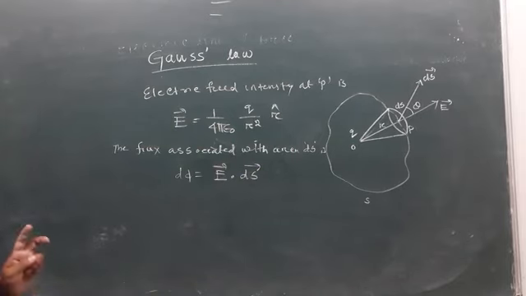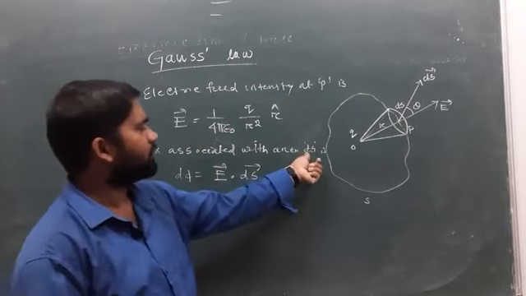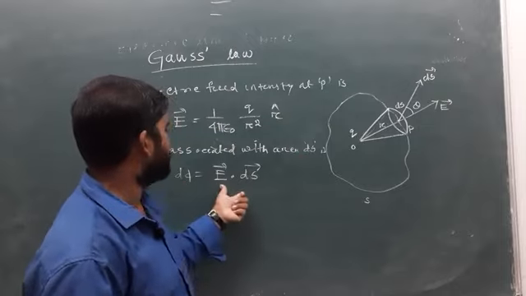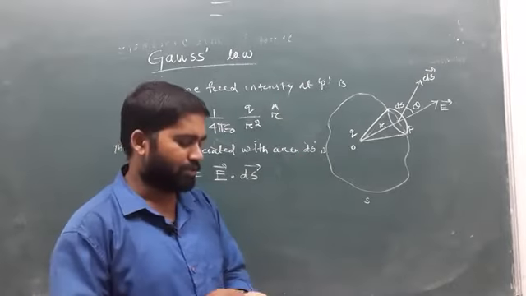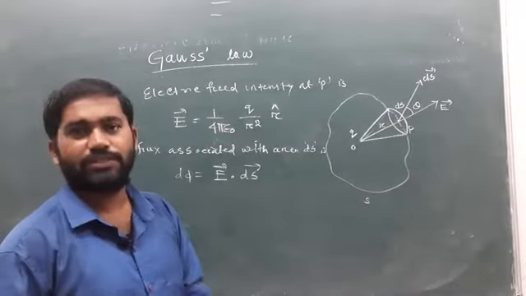The small flux associated with the small area is E vector dot ds vector. So, what is the net flux?